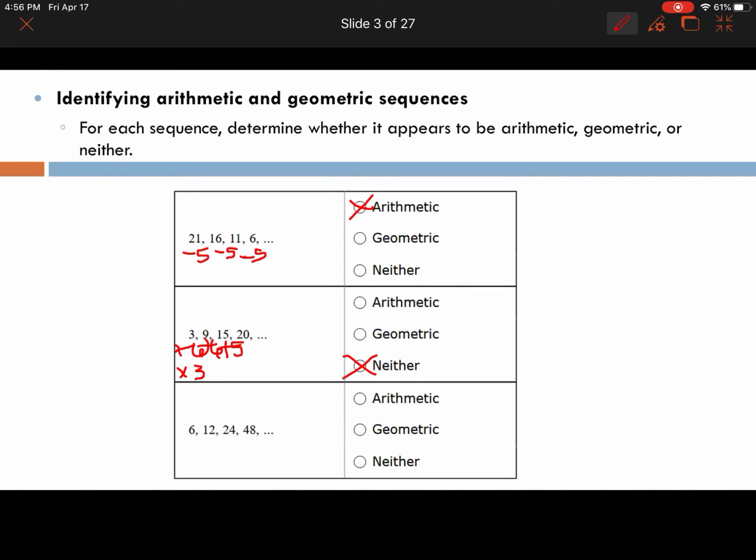All right, so this last one, if we're adding, we would add 6 to get 12, but then we have to add 12, so it's not arithmetic. If we go from 6 to 12 multiplying, we would times by 2. And from 12 to 24, we would times by 2. And from 24 to 48, we would times by 2. So it is geometric. And R is equal to 2.